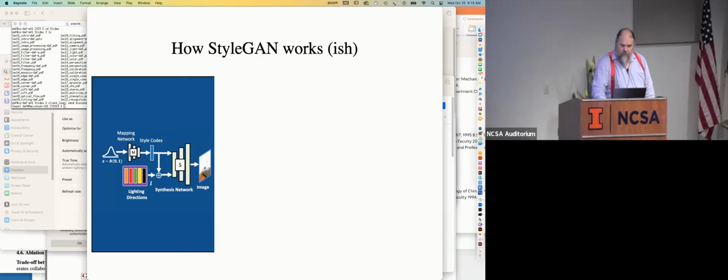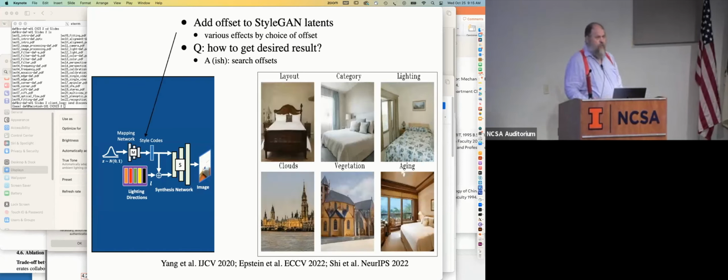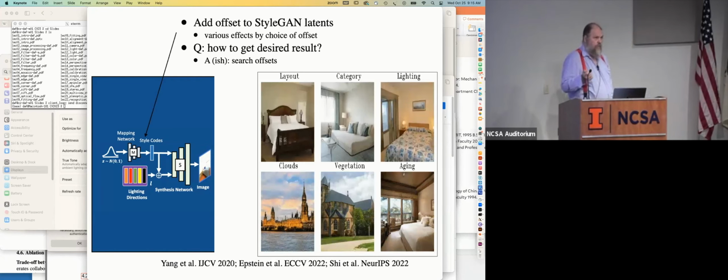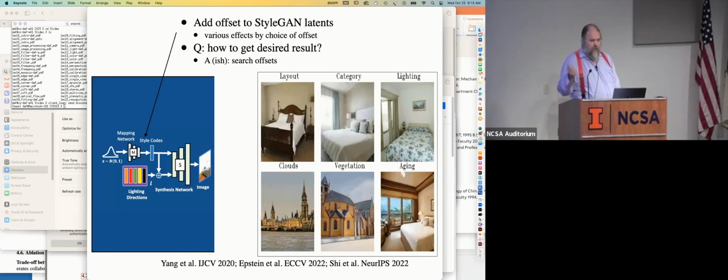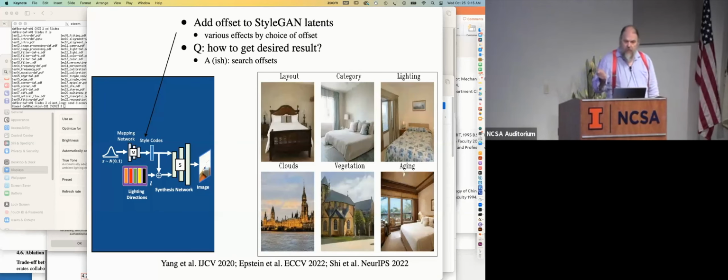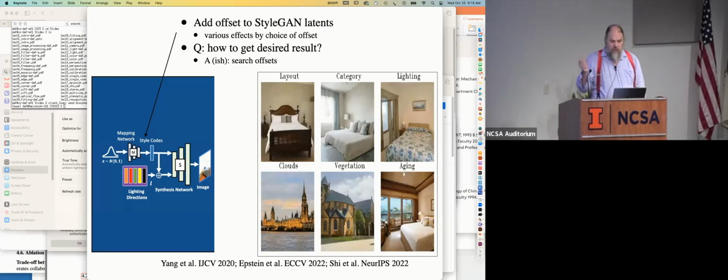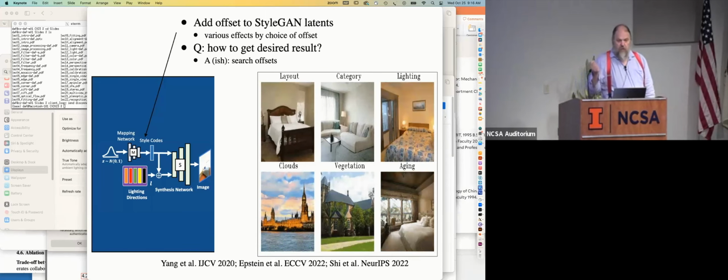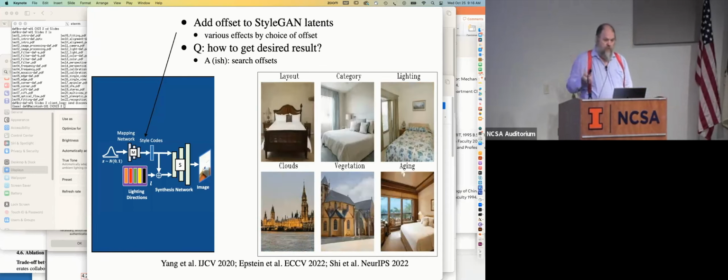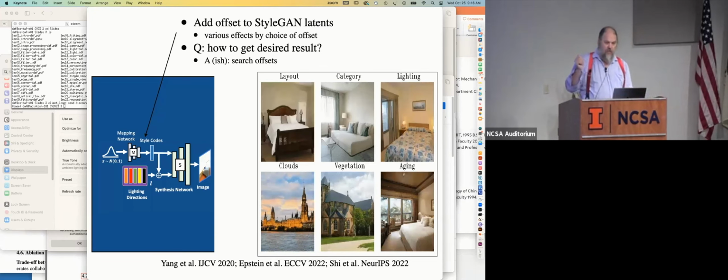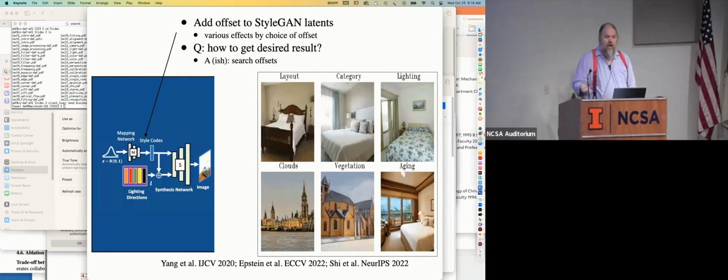Now, what we're going to do is reach in and fiddle around with the style code. If we fiddle around with the style code, it turns out that you can get various effects, right? So it is known that by changing the style codes, you can change the layout of the picture that you produce. You can see the layouts changing over there. You can change the kind of picture.